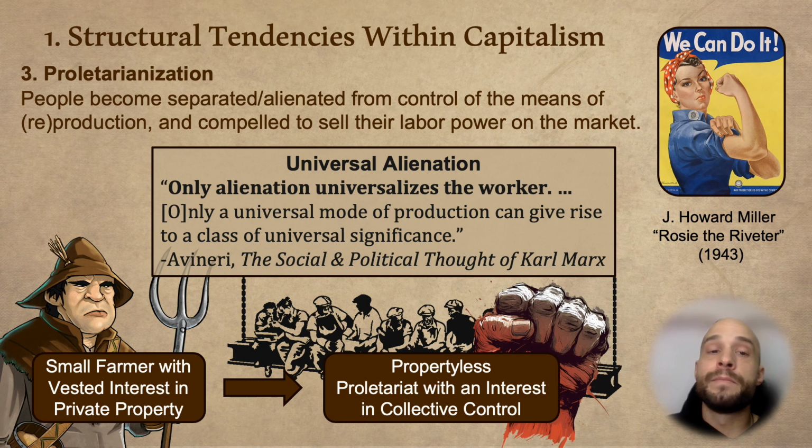Small-scale enterprises may persist, but they cannot secure emancipation. For Avineri's Marx, proletarian struggle is universal, not because workers are morally superior, but because their liberation requires transforming the entire system. Its ethical significance lies not in virtue, but in its potential to abolish domination as such.